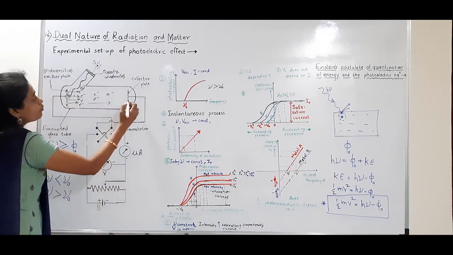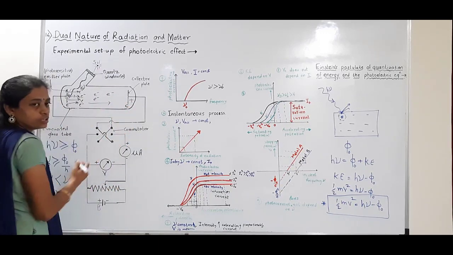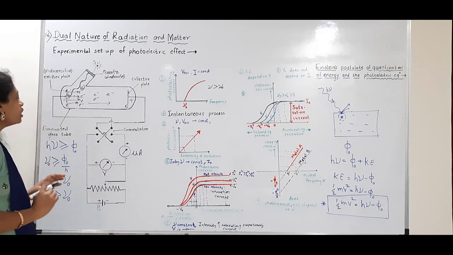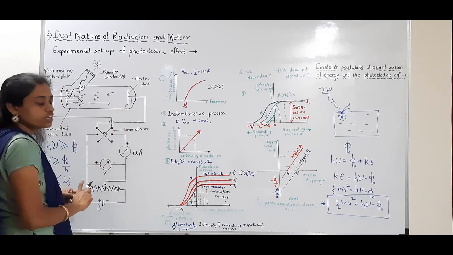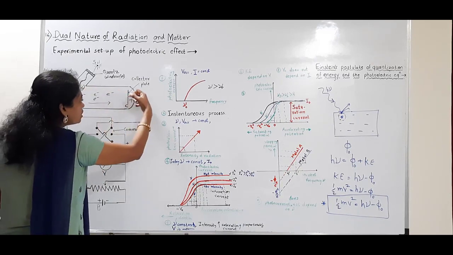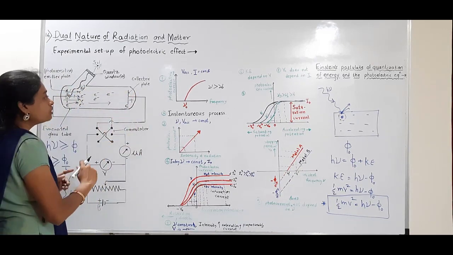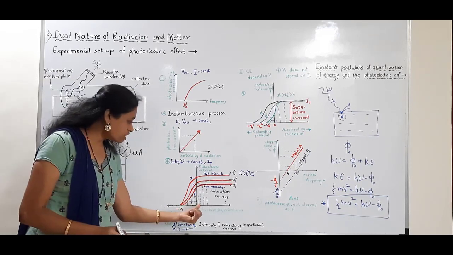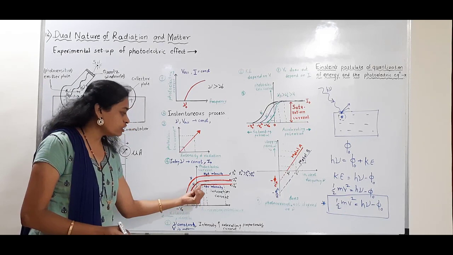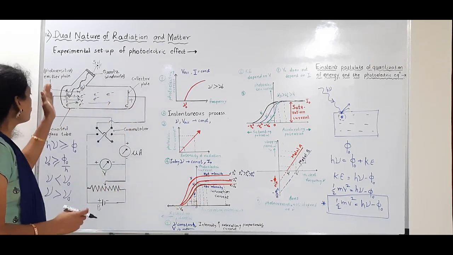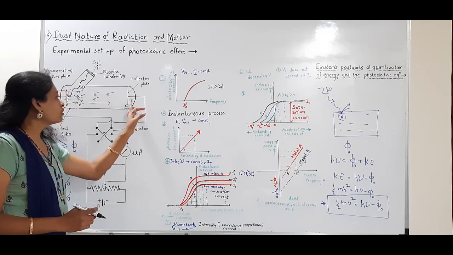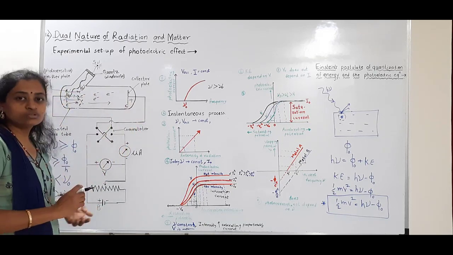Now suppose positive potential is given to the collector and negative potential to the emitter. What happened? Due to this positive potential, electrons are accelerated towards the collector and photoelectric current increases. Means here, as the accelerating potential increases, photoelectric current increases, because electrons emitted from the emitter are accelerated by the potential given to the collector.